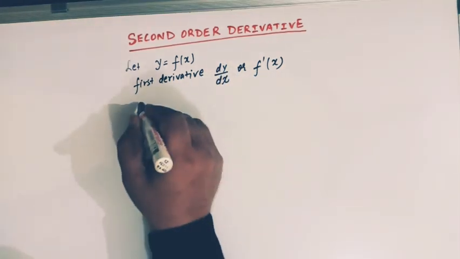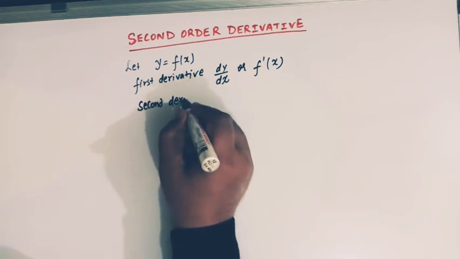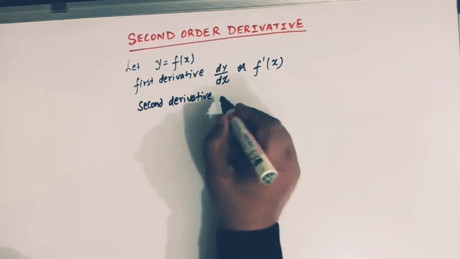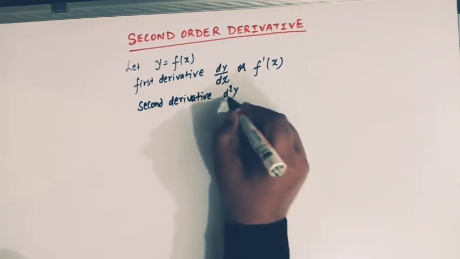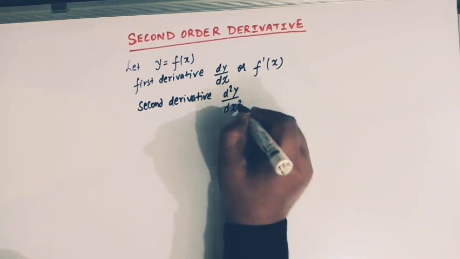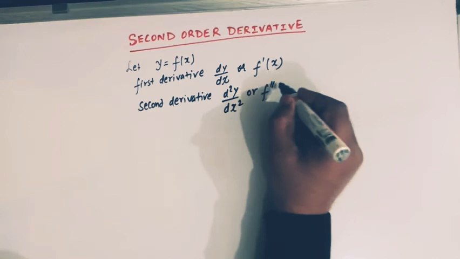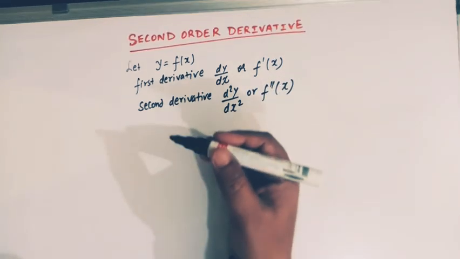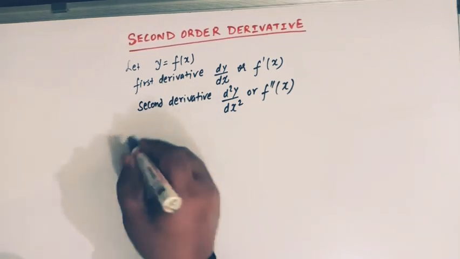then we get the second order derivative. The second order derivative is denoted by d²y/dx² or f''(x), f double prime of x. Similarly, the higher order derivatives can also be written here.